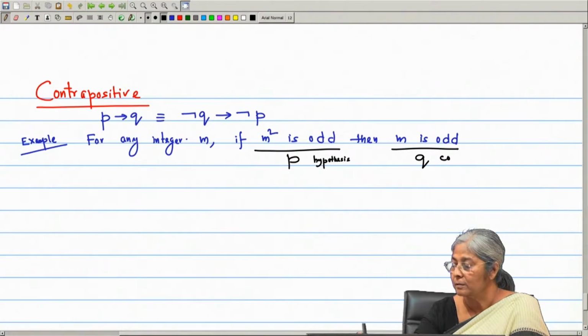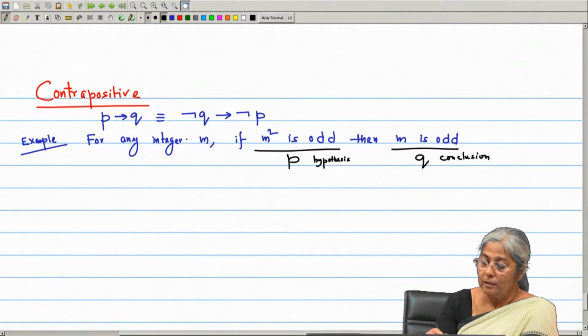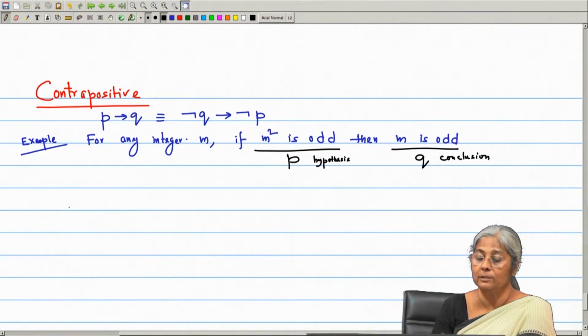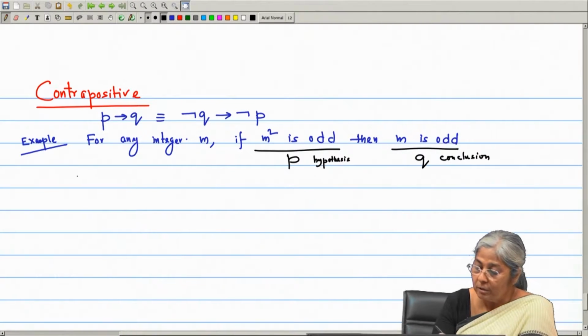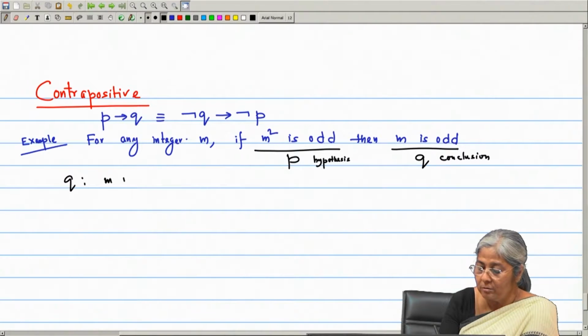And what contrapositive tells is that P implies Q is equivalent to negation Q implies negation P. So, what is negation Q? Q is m is odd, so negation Q is m is even.